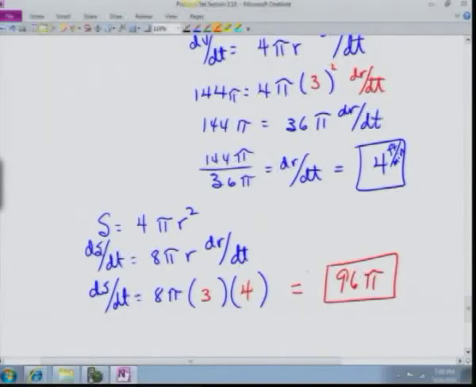And that rate is feet squared per minute, but it's given in there. So, the S equals 4 pi r squared, is that the surface area formula? Mm-hmm.